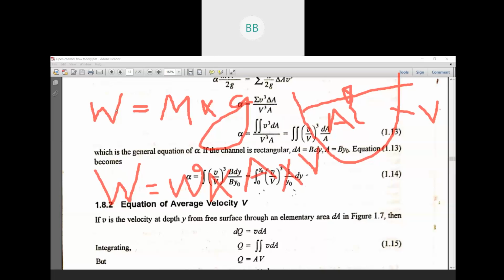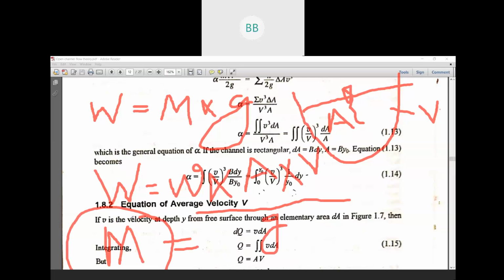And if you see, our aim is to find out mass. Mass is nothing but weight by gravity. From this equation you can say mass is nothing but weight by gravity. So if you divide this by acceleration due to gravity, you will get mass. So first we have to find out the weight.